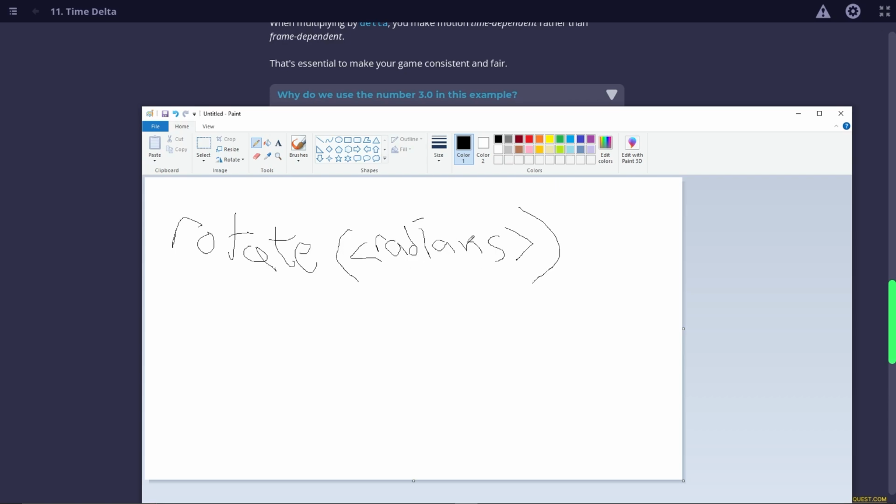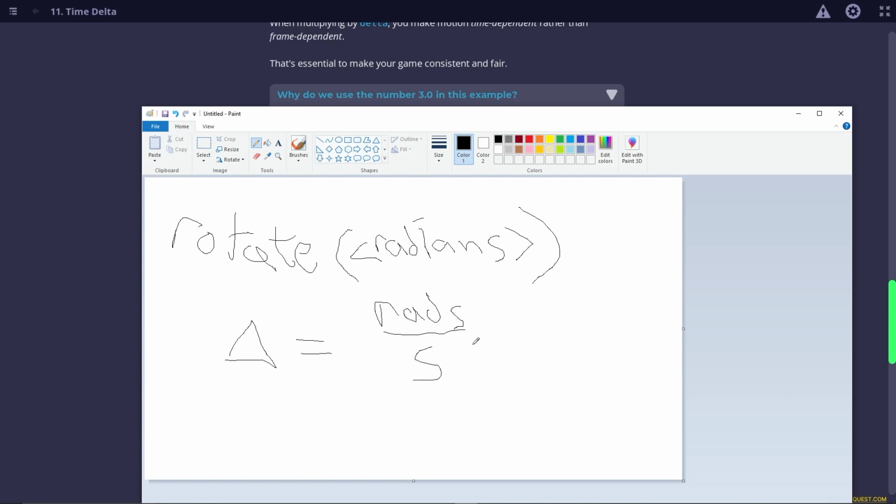It's expecting radians in the rotate, right? Okay. So delta, this is the symbol for delta, equals radians, rads per second.